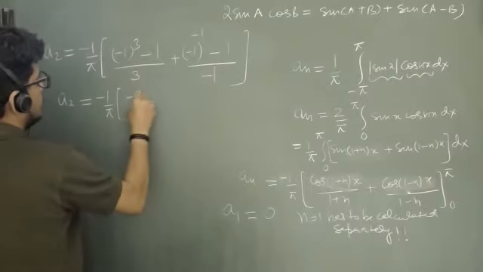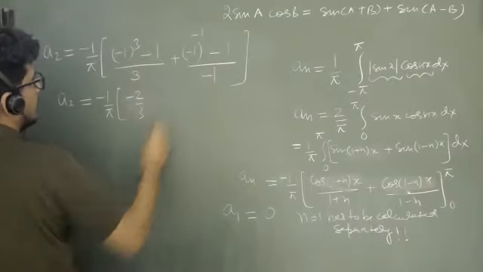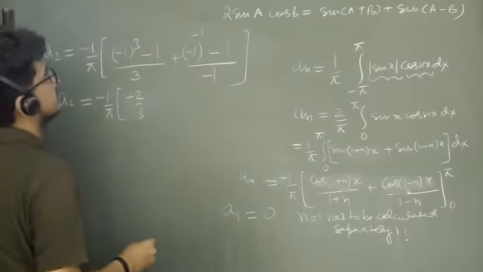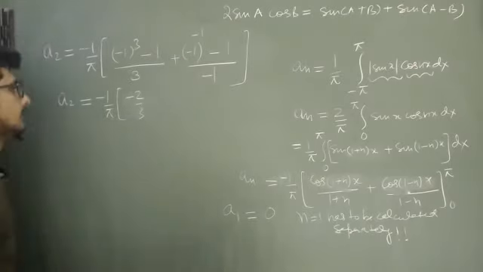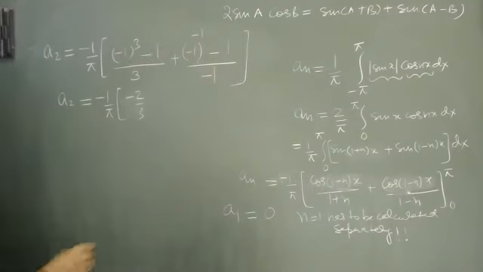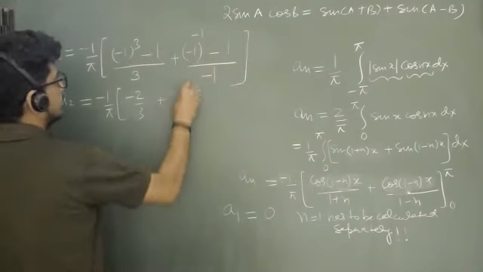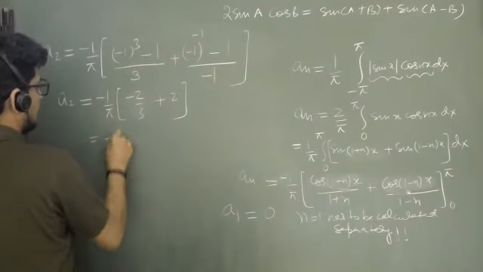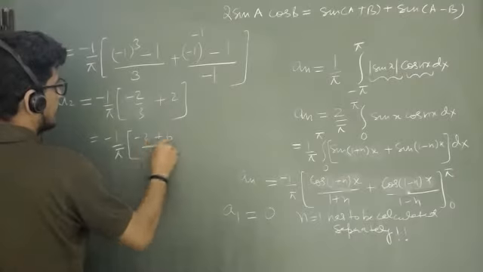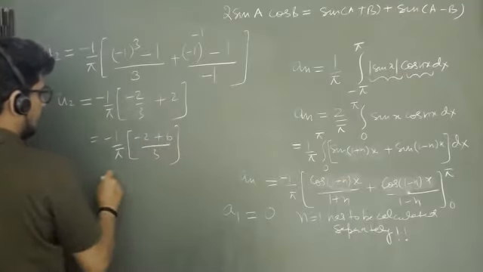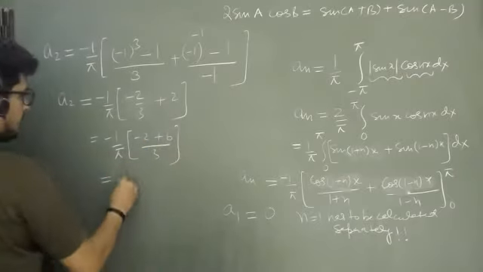So it will become minus 1 by pi, and this will become minus 2 plus 6 by 3, and it will become minus 4 by 3 pi.